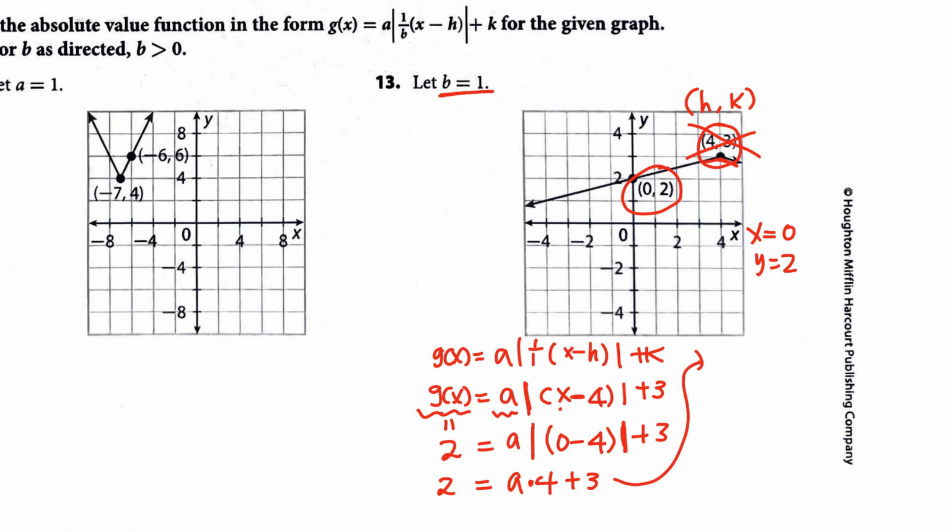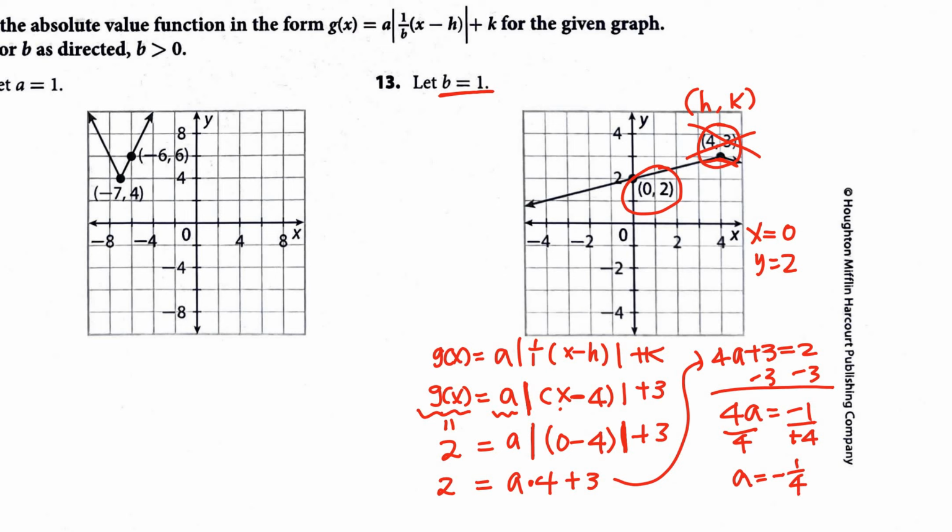So 4a plus 3 equals 2. I'm just rewriting. We subtract 3 from both sides. That gives me 4a equals negative 1. Divide by 4 because it's multiplying: 4a means 4 times a. So a equals negative 1/4.